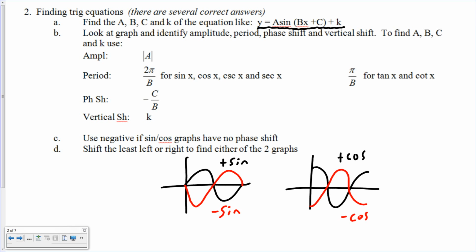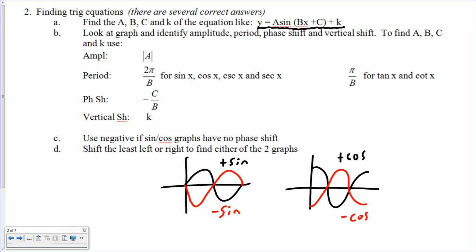And then the D says shift the least left or right to find either of the two graphs, meaning shift left or right. What is the least phase shift that you would move in order to have a positive sine or positive cosine? Wherever it's the least, that's what you choose. And then you go up and get your A, B, C, and K.